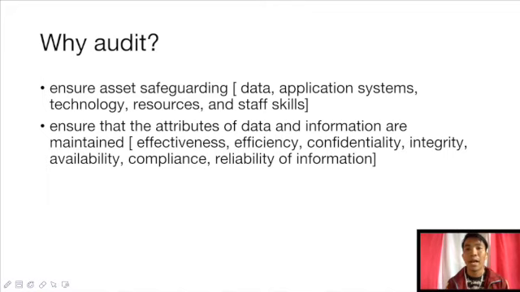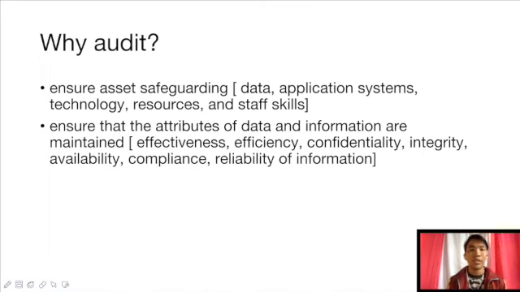The different application systems that have been in place in the organization, ranging from back end to front end, the different physical technology in place surrounding the organization, the different resources that have to do with information technology, information systems, and finally, the people, the staff, the competencies of these people, and we need to safeguard all of these things because they all form part of the organization.